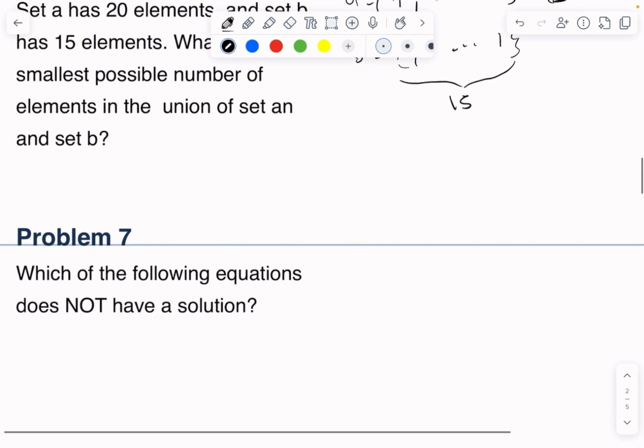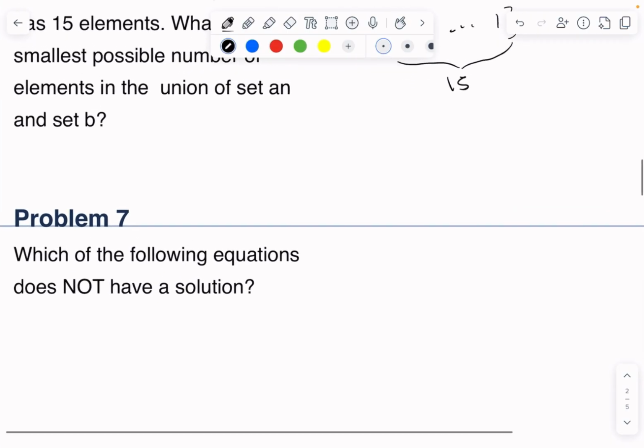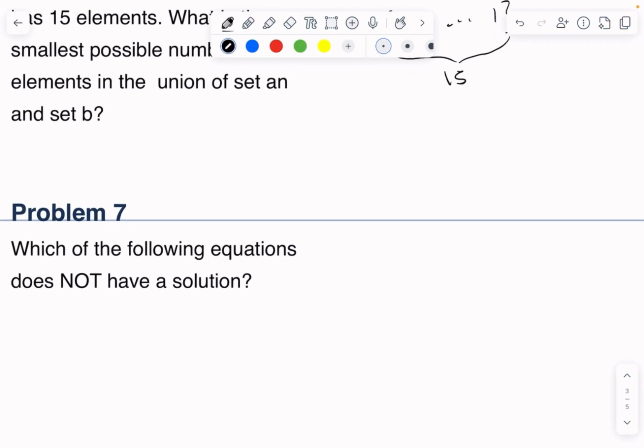Which of the following equations does not have a solution? I don't see any equations, but I think the equations are meant to be as follows. (x + 4)^2 = 0.